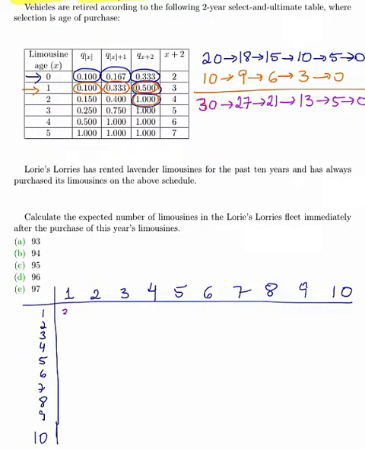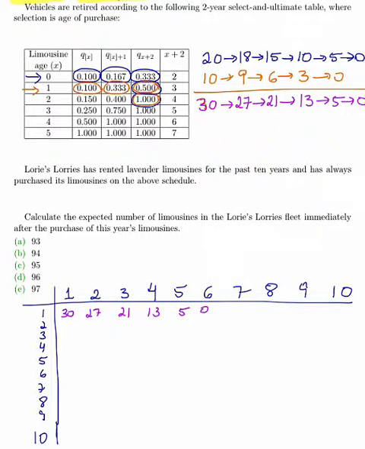So I purchased 30 of them, and then in year 2, I have 27 of those in service. In year 3, I have 21. In year 4, I have 13, then 5, and then 0.